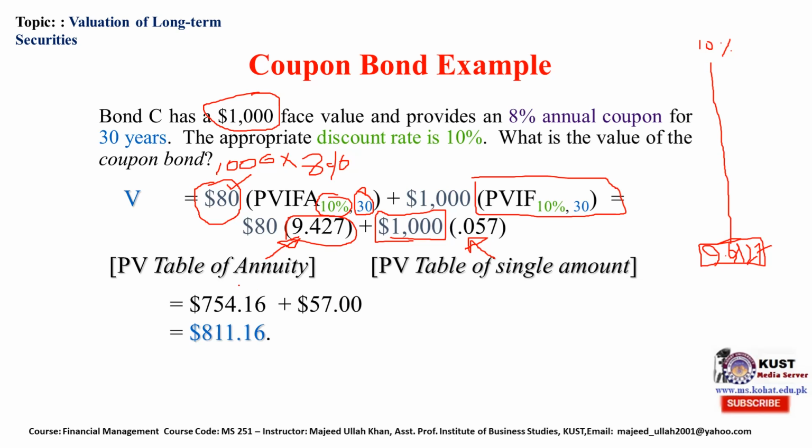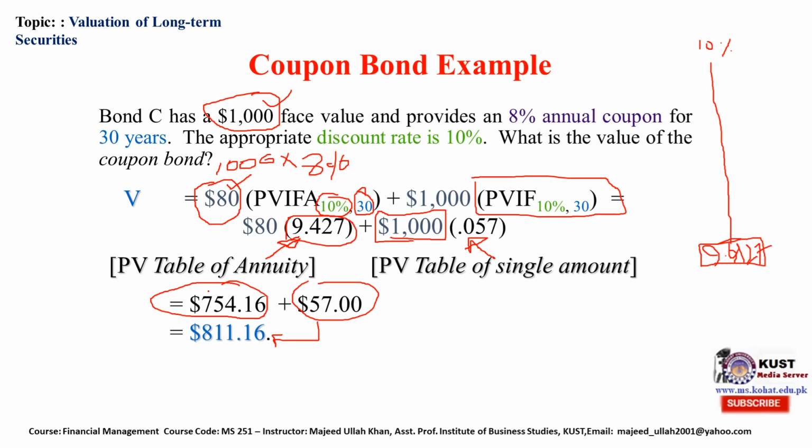Multiplication of this results in this amount, and multiplication of this results in $57. When we add these two amounts, we will get the value of the bond as $811.16.